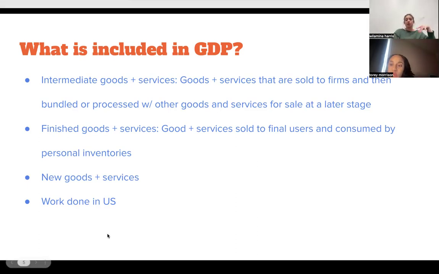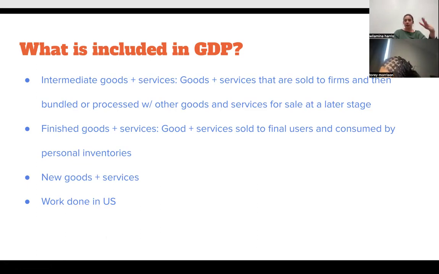And then the stuff with the new goods and services, the only thing I really find it applicable with is houses or cars, because it's the only thing I can think of. A new car would be included in GDP, a 2024 car. It's the year 2024, someone buys a 2024 car with 0 miles on it. That's included in GDP.